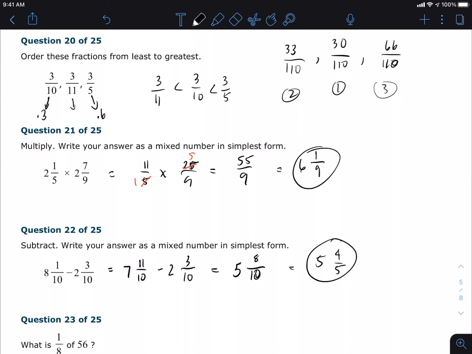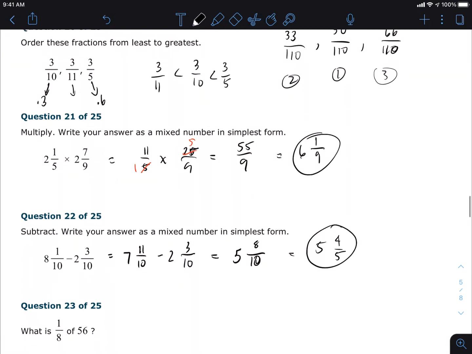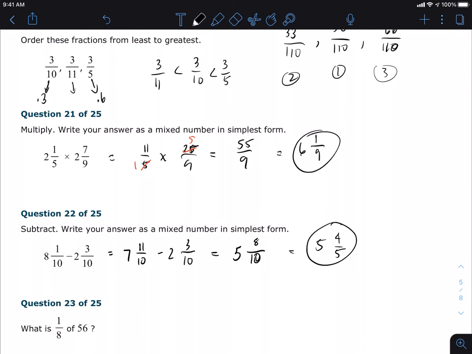Or what we could do is we could do the improper number and then subtract. That's the way I typically do it, because I think people get confused this way. So I'd get 81 over 10 minus 23 over 10, which is going to give me, what is that, 81 minus 23, what is that, 58?